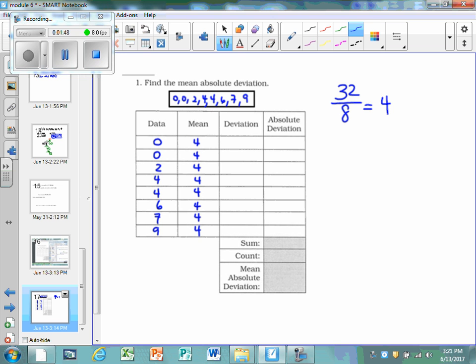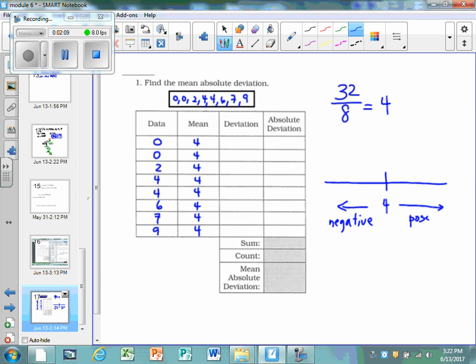So now we're going to put the deviation. Now, we know from before, okay, so here's 4. We know from before if something is to the left, it would be a negative number. And if something is to the right, it would be a positive number.